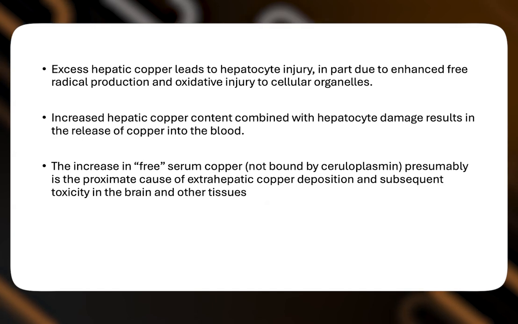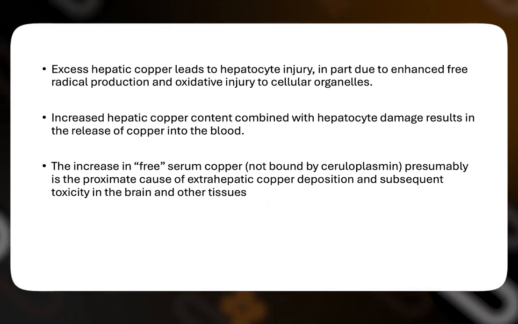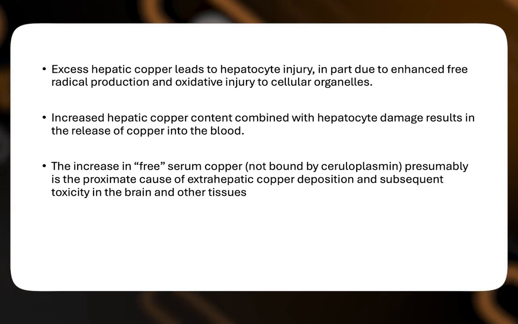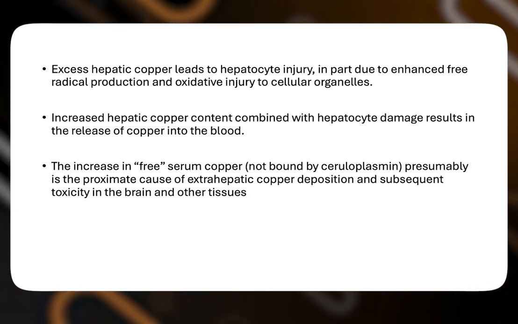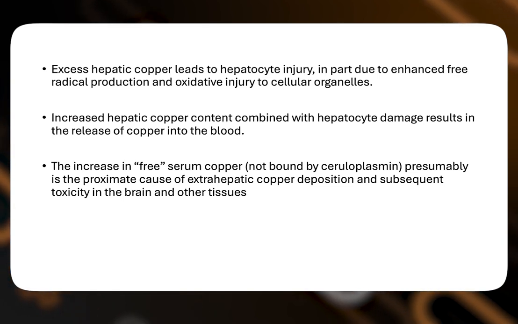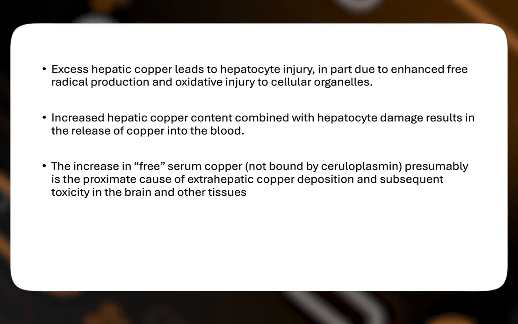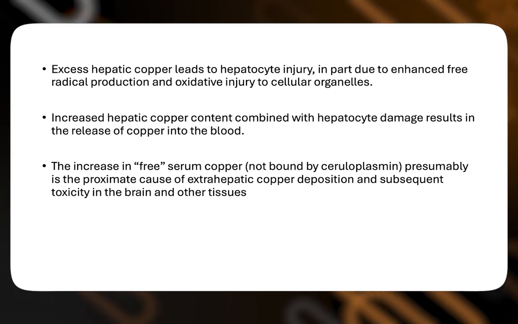So increased copper levels and hepatocyte damage result in the whole spectrum of disease in Wilson's. Actually, it is the free copper, not the ceruloplasmin-bound copper, which is the active available copper in the blood, that is toxic to the liver cells and other tissues like the brain.